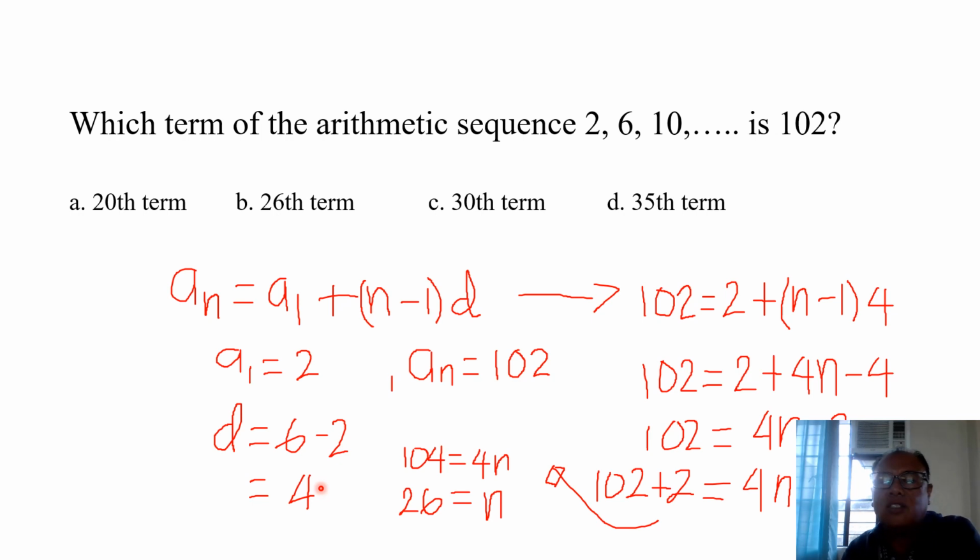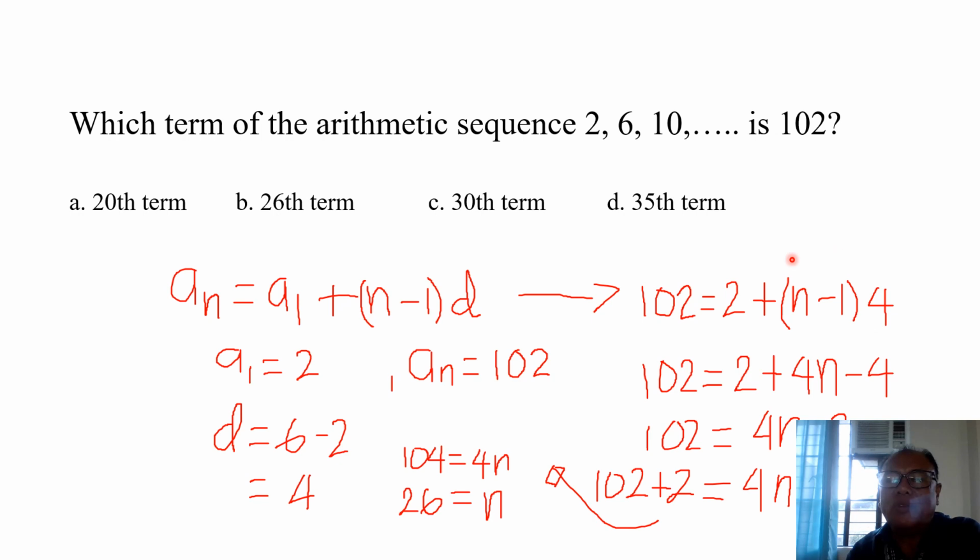And then, to solve for n, we have this one. Our a_n is 102, it is given there, and the first term is 2. Plus, since we're looking for n, that is n minus 1, and we are given that the common difference is 4.